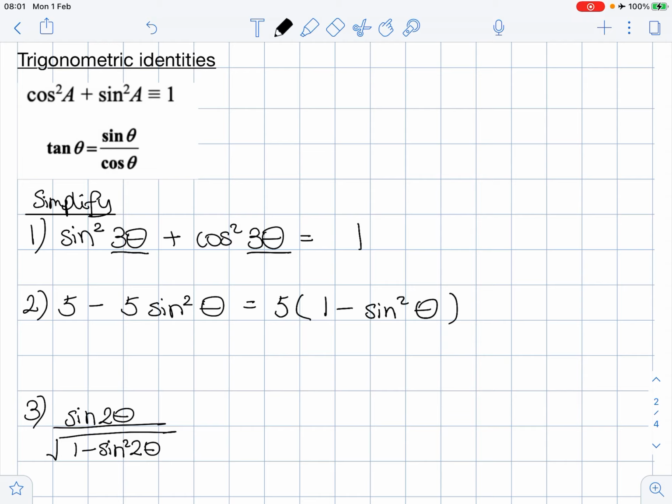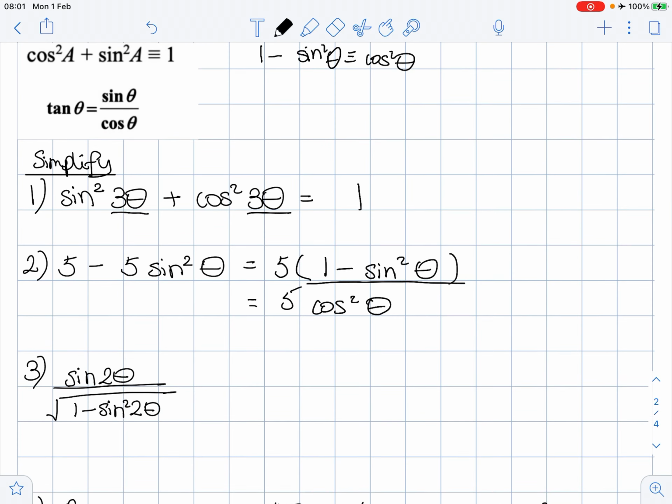Therefore, if we just rearrange this, 1 minus sin squared a is the same as cos squared theta. So we have 5 cos squared theta.